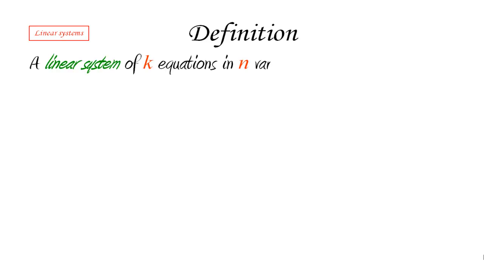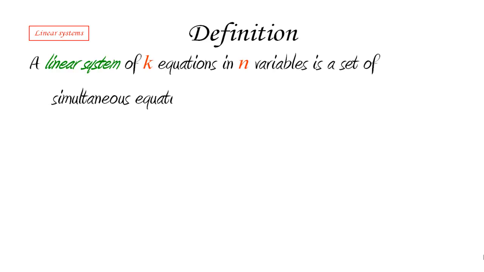Now, having looked at this, we can define a linear system of k equations in n variables as a set of simultaneous equations. And this is linear algebra, lots of words. You may want to stop, rewind, and pause and just analyze exactly what all these words mean. But a linear system pretty much looks like this: a whole bunch of k equations.